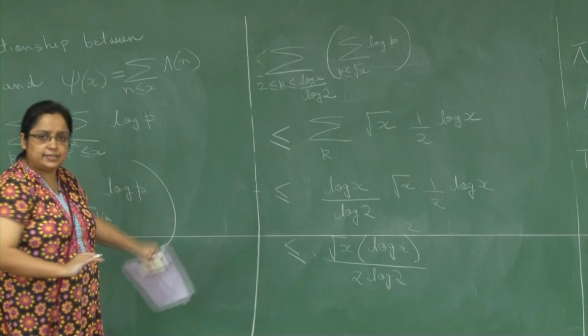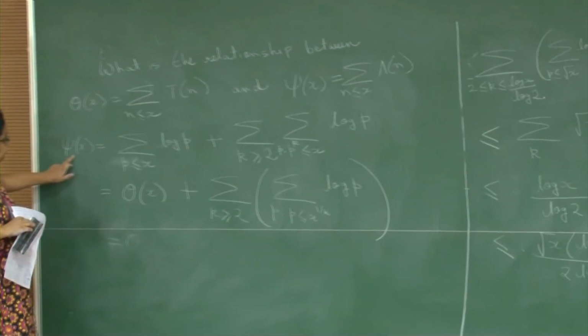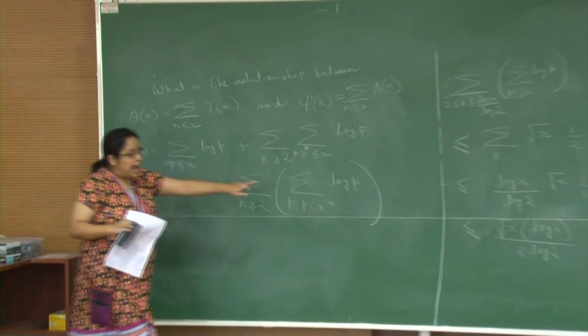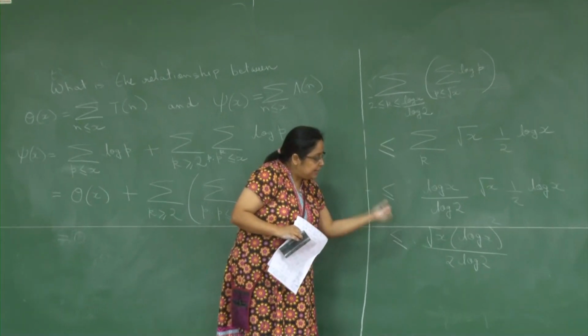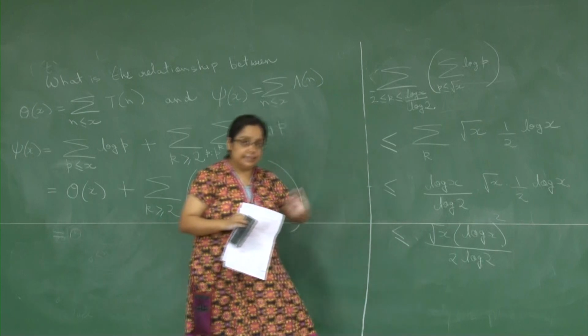So, what is all this actually telling us? It is telling us that the difference between psi of x and theta of x is at most this expression over here, and in comparison to x, the growth of this function is negligible. Okay.